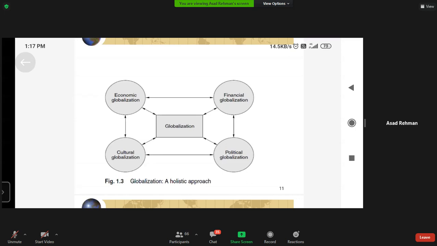In order to do away with the conversion of one currency into another, instead they chose to have a common currency. Similarly, cultural globalization is something more related to all of us, as we are all consumers.